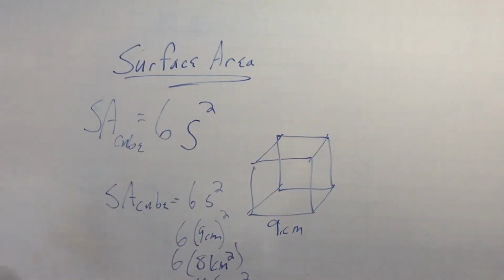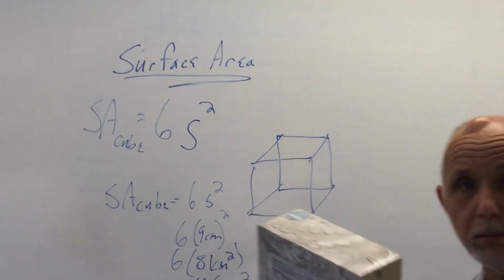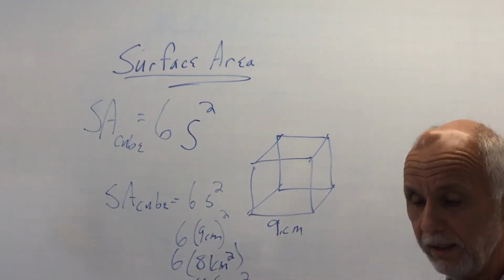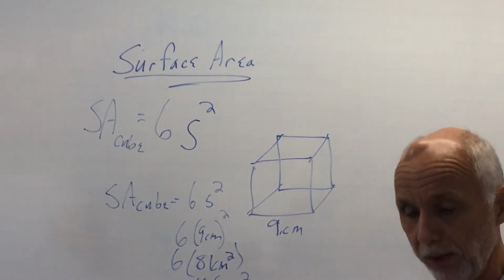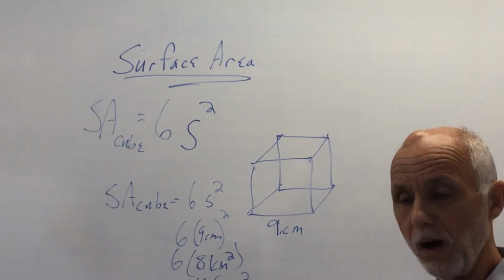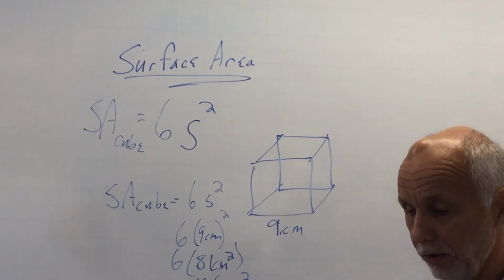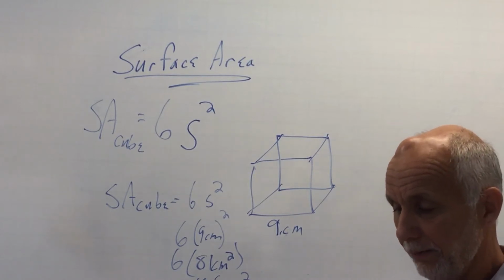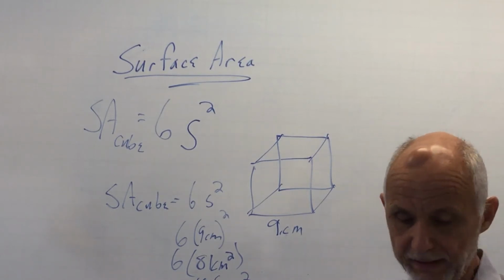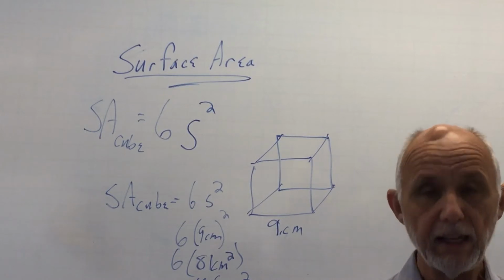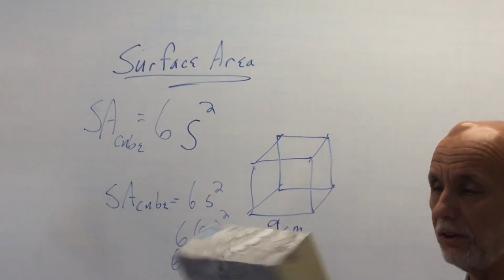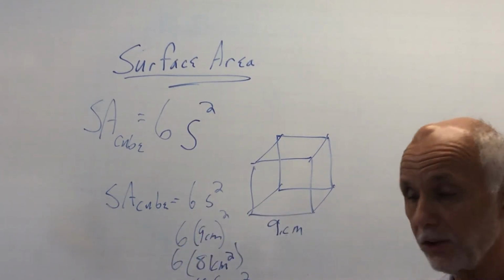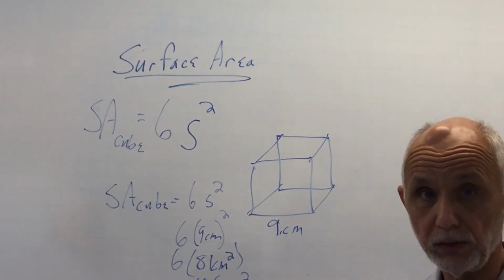Now, let's look at the other one we learned, which was a rectangular prism. Now again, the sides of a rectangular prism are all rectangles. The top and the bottom, the front and the back, the left and the right. They're all rectangles, but they're not the same kind of rectangles.